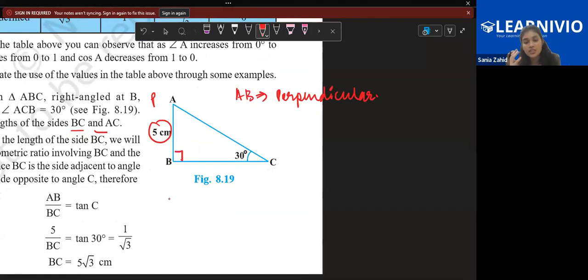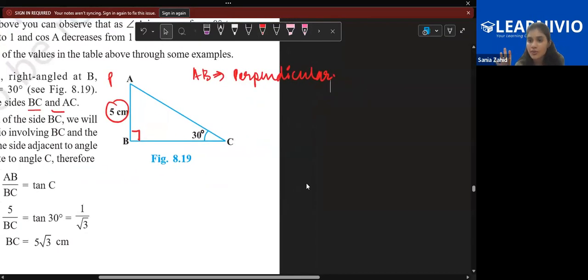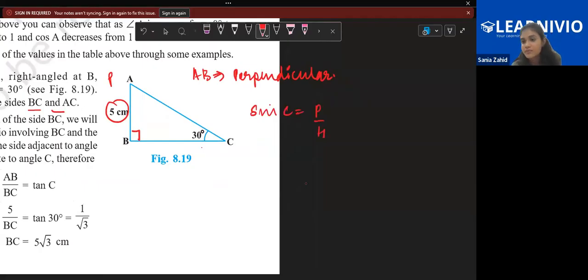Why am I saying check for the sine value? Because most of the questions include sine. So sine of angle C is how much? Perpendicular upon hypotenuse.